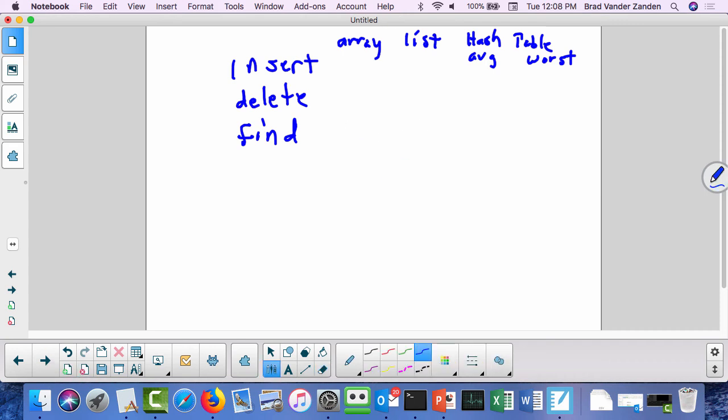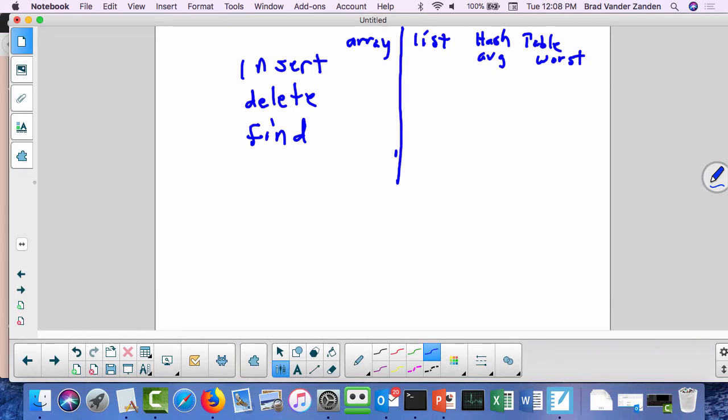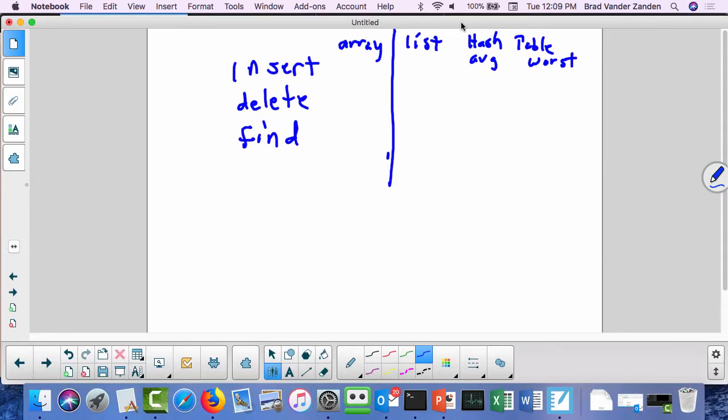So for an array, the time to find is bad. It's order n. You have to potentially search the entire array for a dynamic collection. Although if it's ordered, what would the running time be if you use binary search? It's log n, because you look at only log n elements.